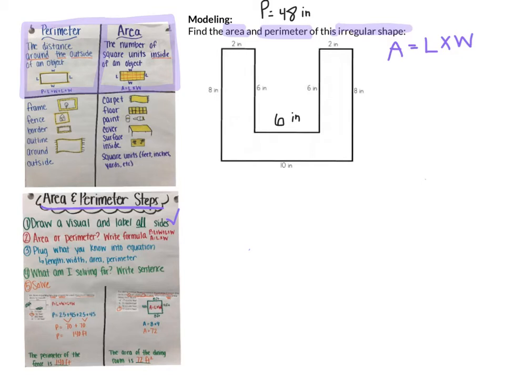So we need to break this irregular shape, decompose it down into 4-sided shapes, so just rectangles and squares. Okay, so let's go ahead and decompose this shape. So I'm going to split this into 3 different rectangles.